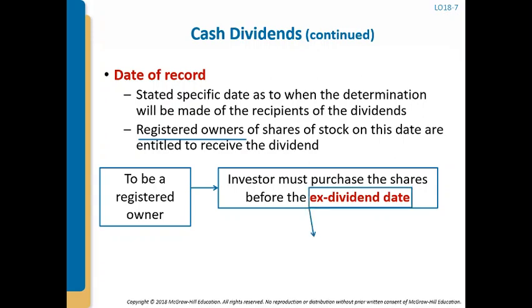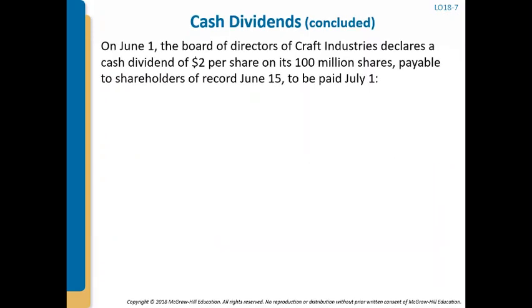And so as far as the entries that are made, here we have an example. On June 1, the Board of Directors of Kraft Industries declares a cash dividend of $2 per share on its 100 million shares payable to shareholders of record June 15 to be paid July 1.